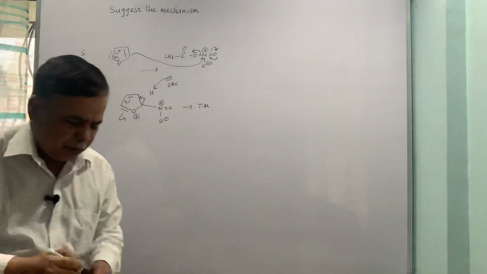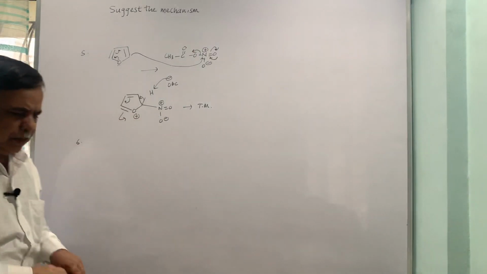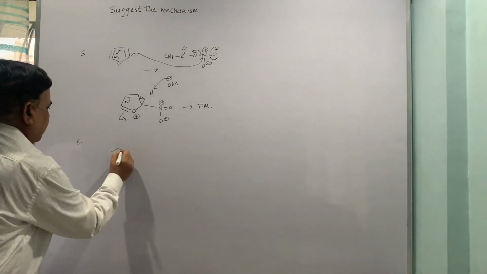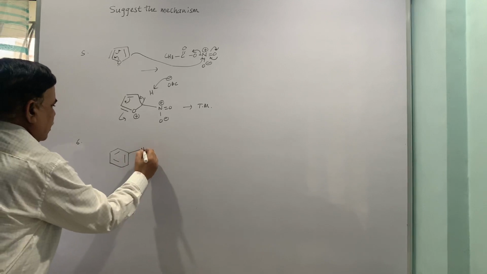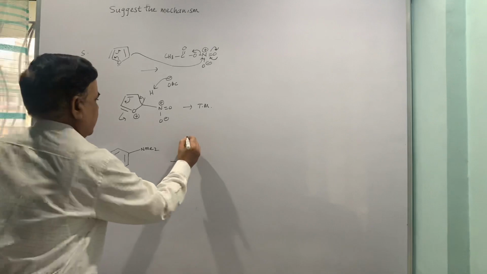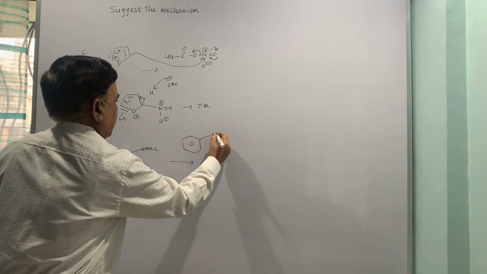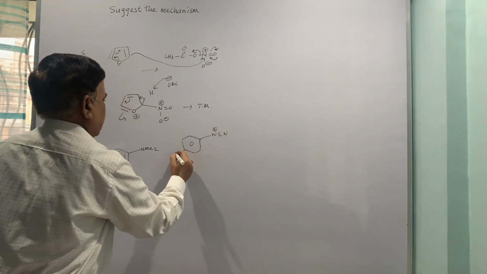The next example is based upon diazonium ion coupling, wherein N,N-dimethylaniline is treated with a diazonium salt which is prepared from sulfanilic acid.